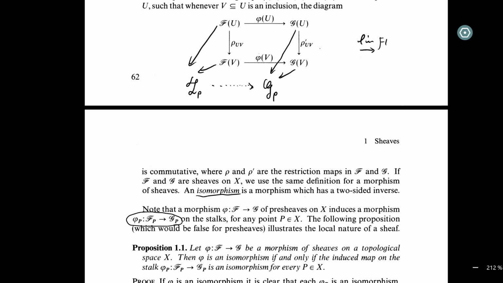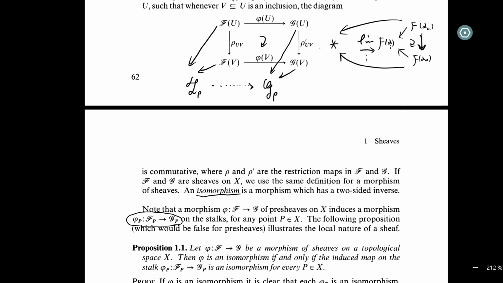So there exists something such that there are still morphisms making the diagram commute for any morphism in the index set M to N. In this case, by the commutativity of this, we know this map and this map, for the morphism we include U, commute with this.